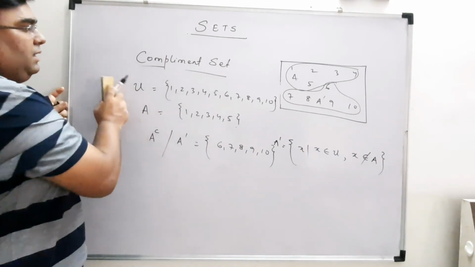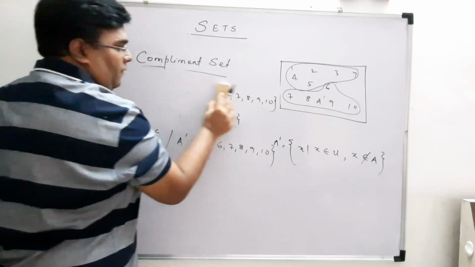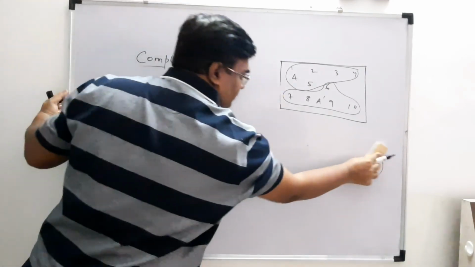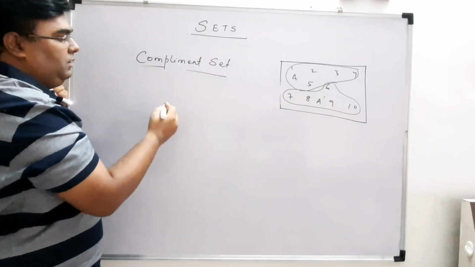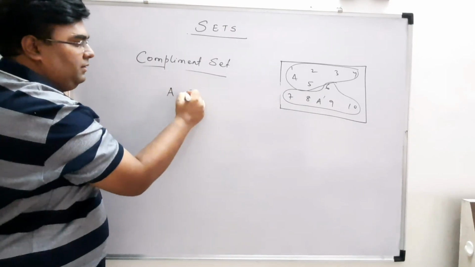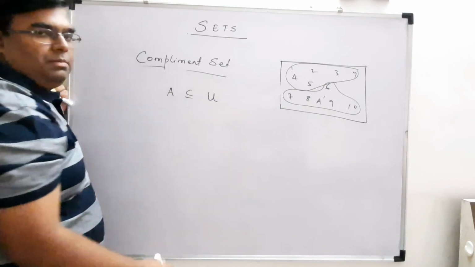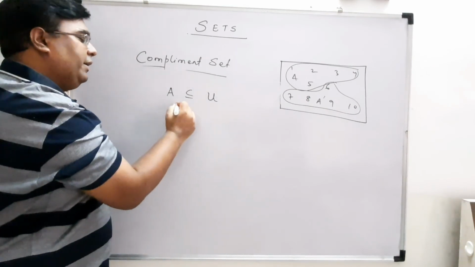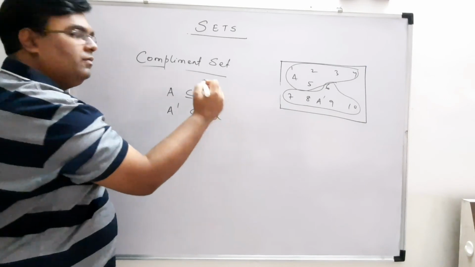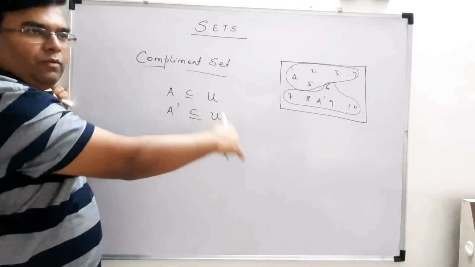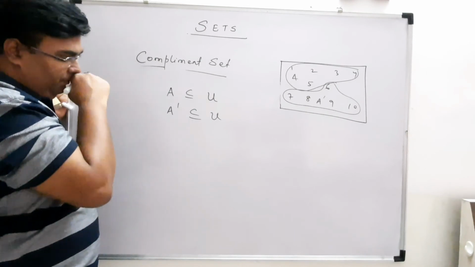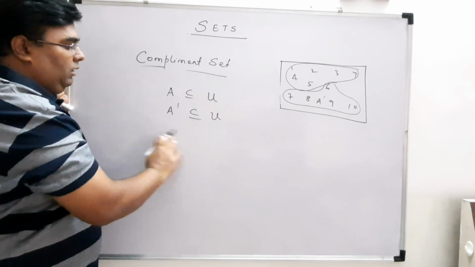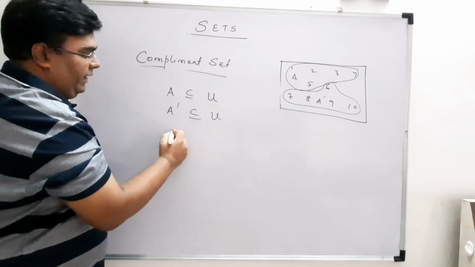Now let us understand the properties of complement set. If set A is there, we know that A is a subset of U. Similarly, A complement is also a subset of U, because A complement is also coming from U only. Right? Then phi, U complement.